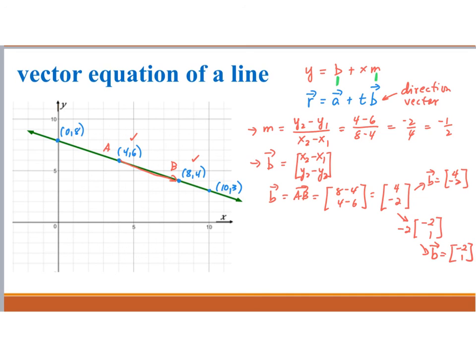Now look at the similarity between this and this. On the other hand, if you use BA as your direction vector, that would still be valid.